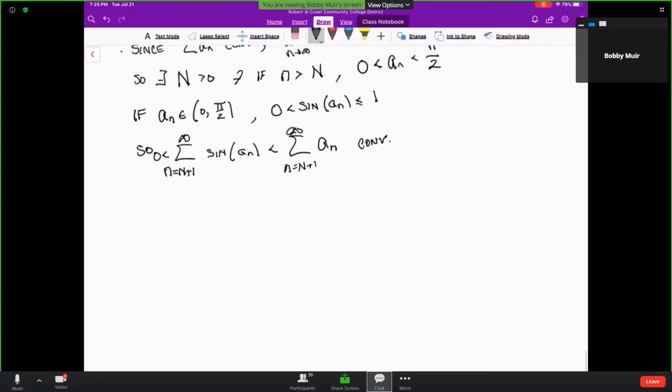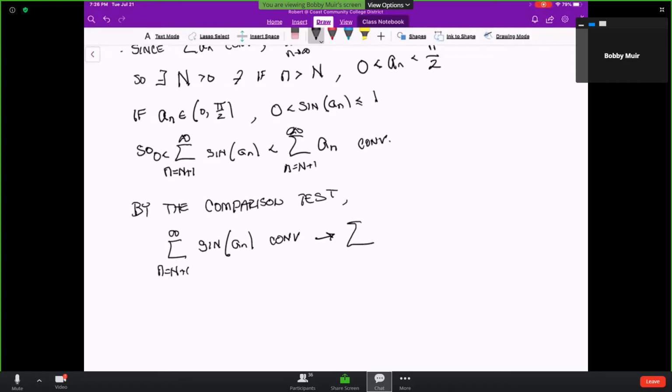So by the straight comparison test, this sum, n equals N plus 1 to infinity, the sine of a sub n converges.